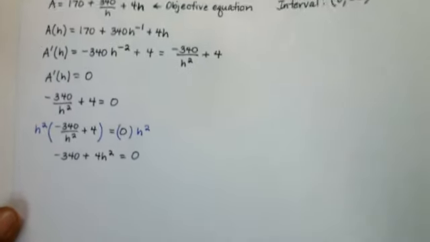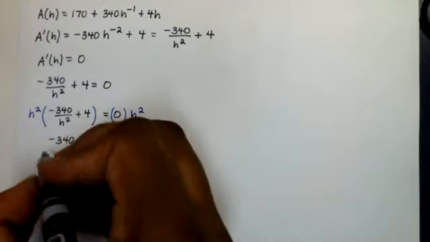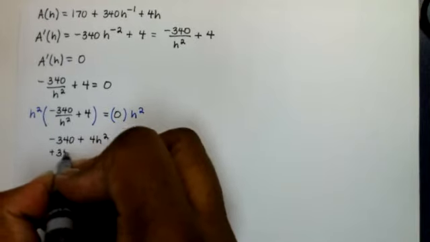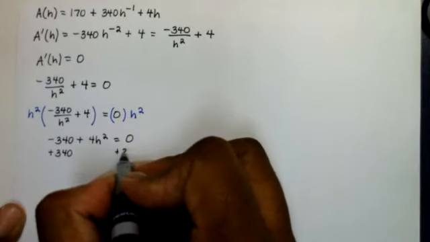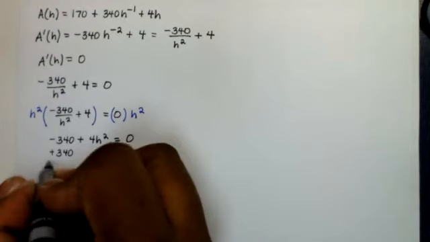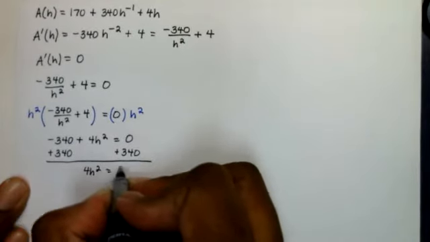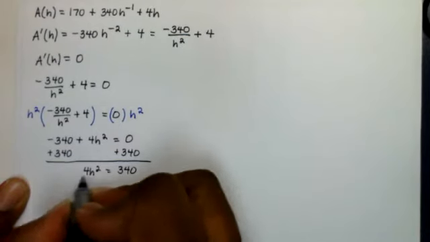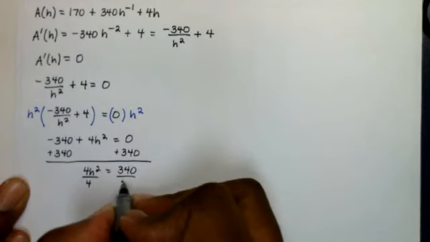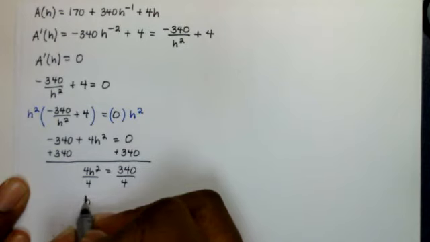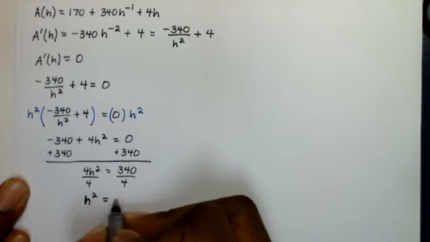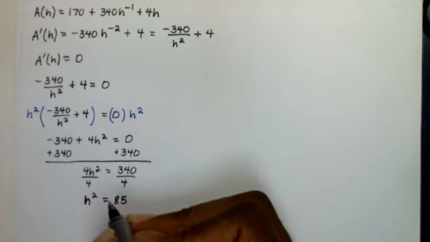And then we solve this equation for H. So add 340 to both sides. You'll get 4H squared is equal to 340. Then divide both sides by 4, you'll get H squared is equal to 85.